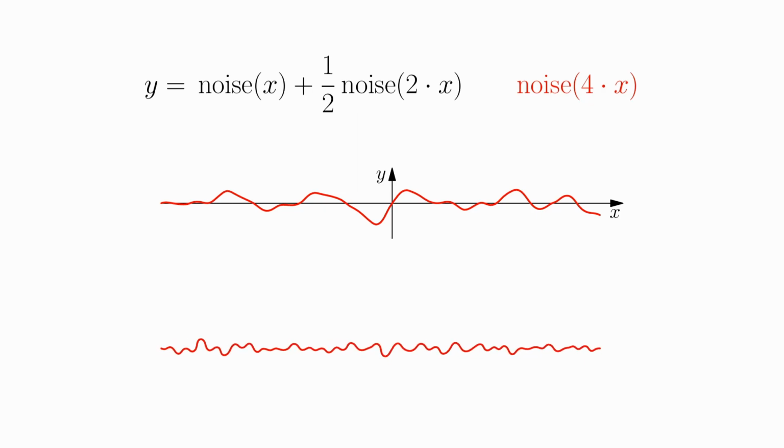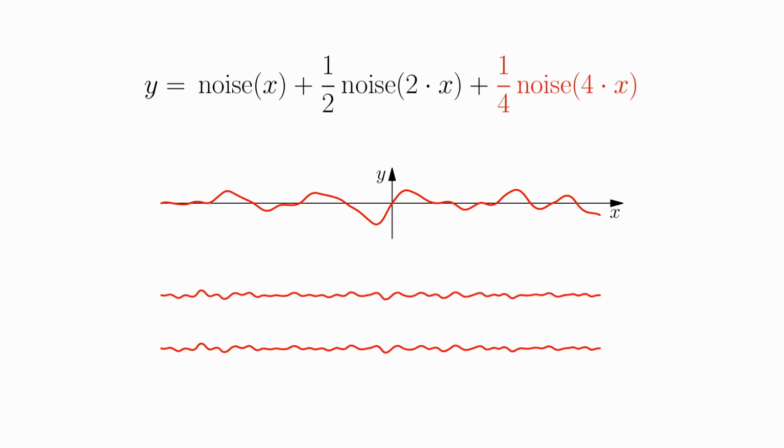But we'll not stop here. We'll now scale the noise function 4 times, again in horizontal and vertical directions. So we'll take the noise of 4x multiplied by 1/4, and we add it again to our function. This way we obtain some kind of series.